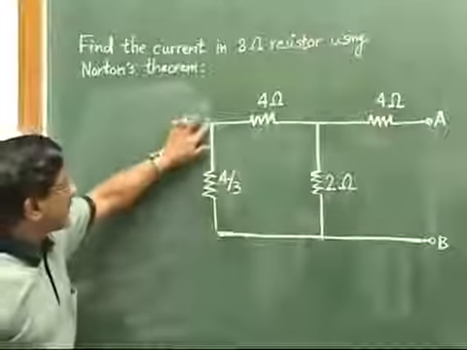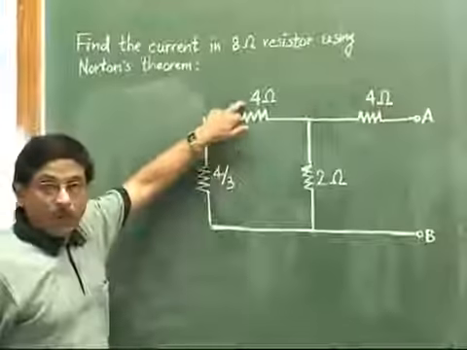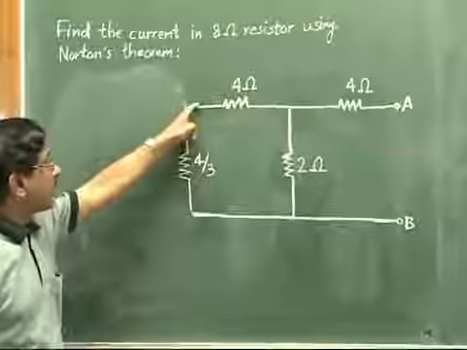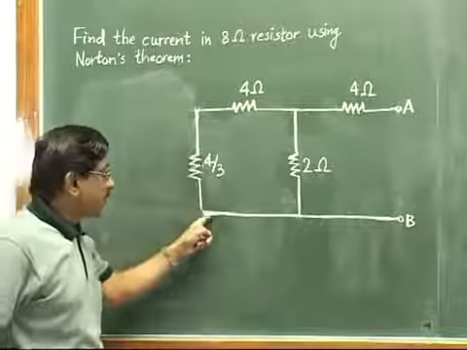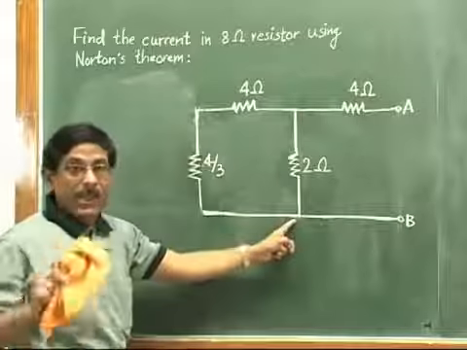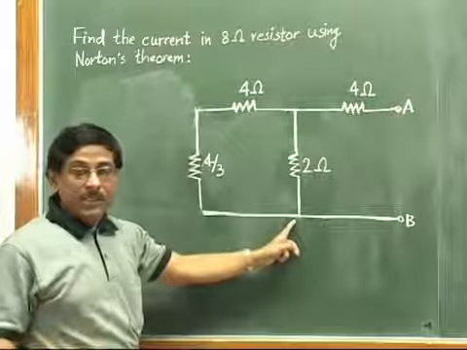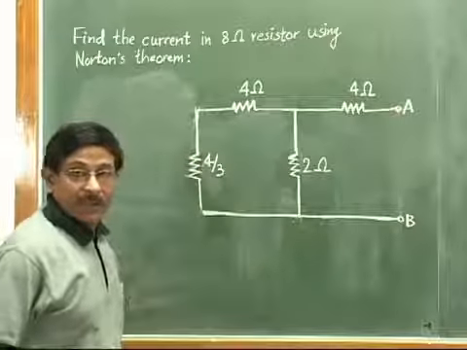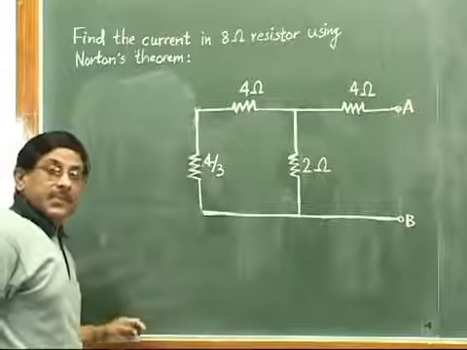Now you will find that this 4 by 3 and this 4 ohm, they are in series, because see, look at this branch, this 4 ohm, and it is coming in series with this 4 by 3. So this entire branch you can replace with the series combination. Series combination is what? Just the simple addition. So 4 plus 4 by 3, it will be 16 by 3.